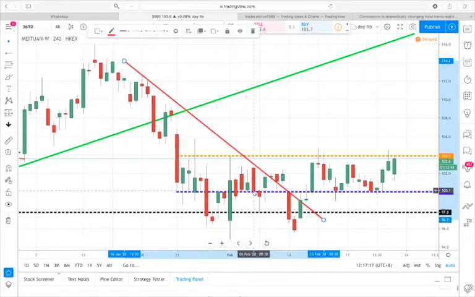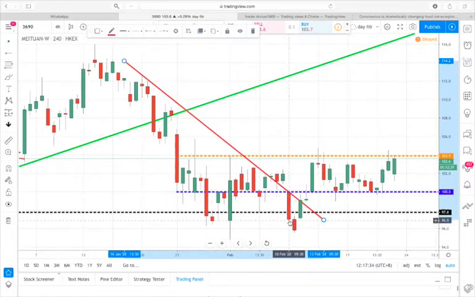For those products, I might have a shorter, tighter stop loss. But for shares, usually it will be much wider. So in this case, you might be stopped out from here.